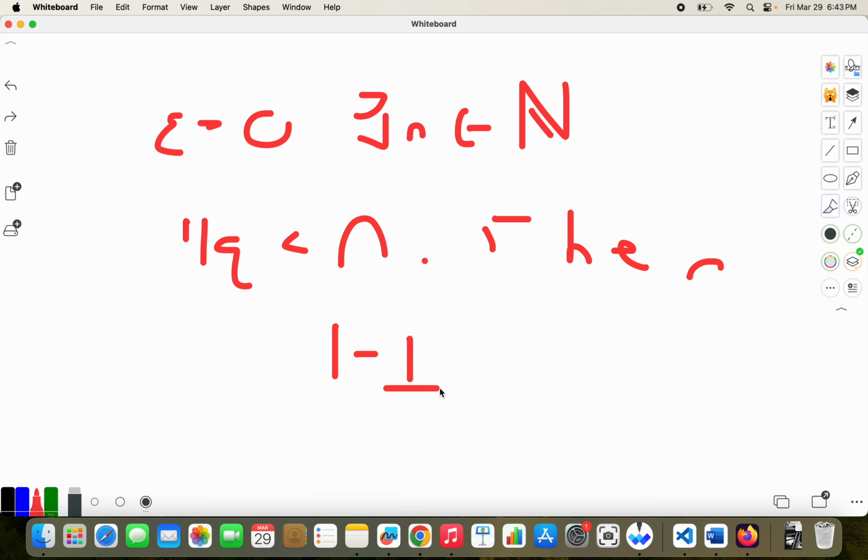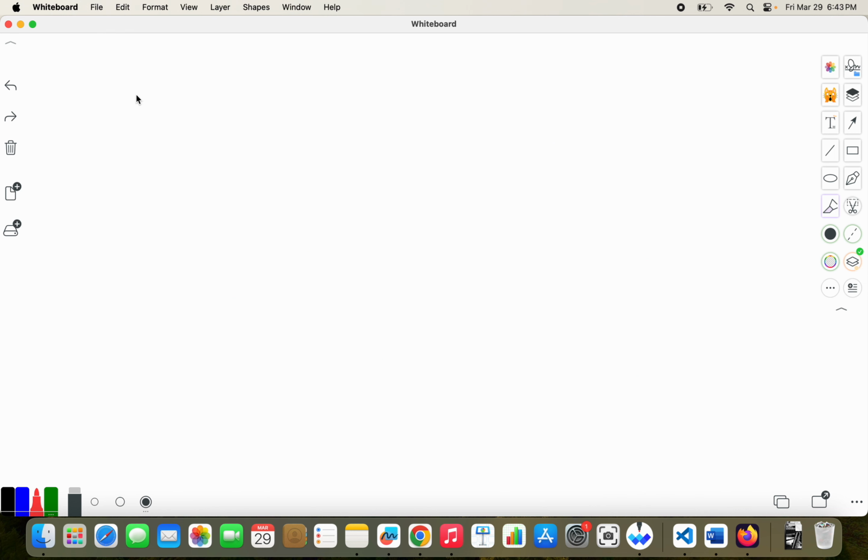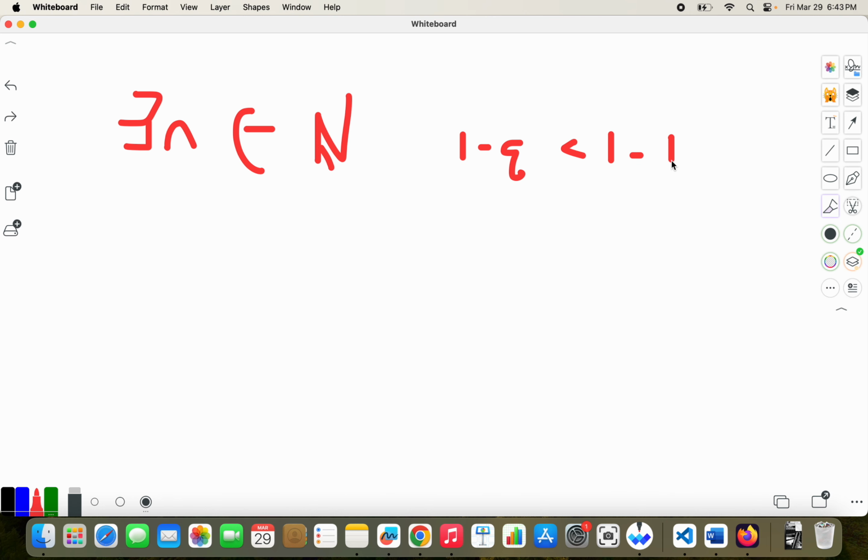Thus, there exists an n in natural numbers such that 1 minus epsilon is less than 1 minus 1 over n, which is less than 1.